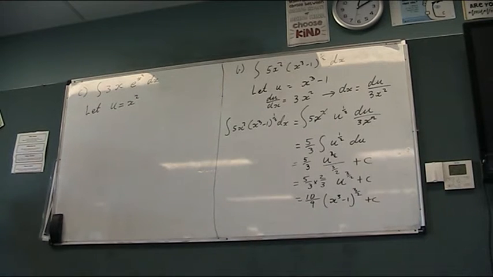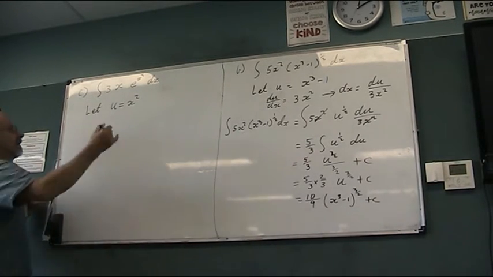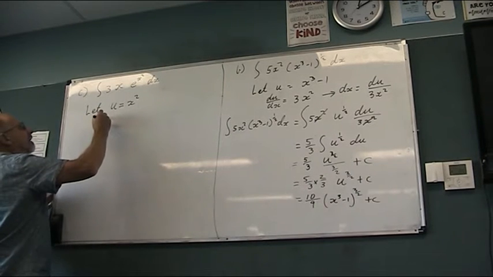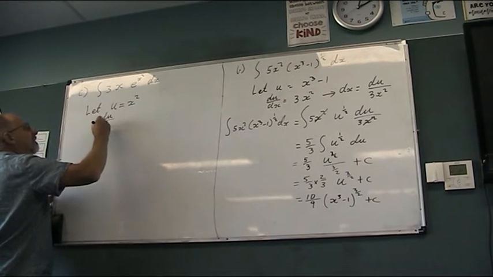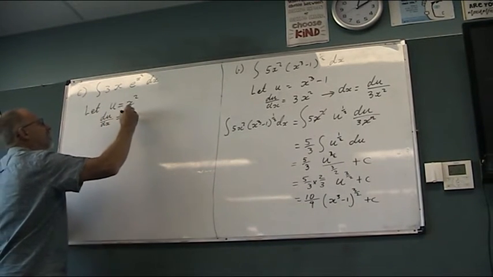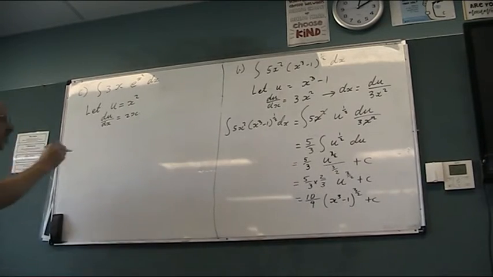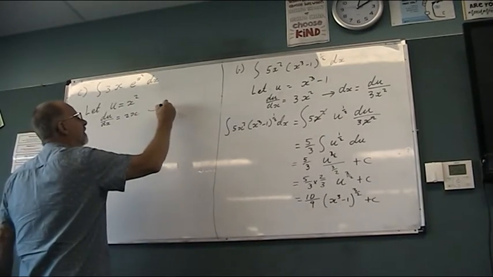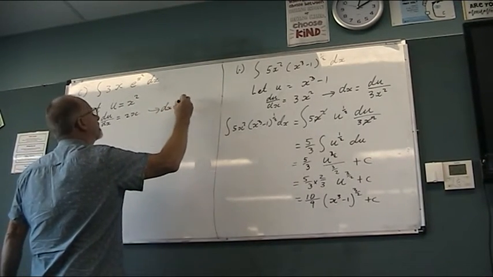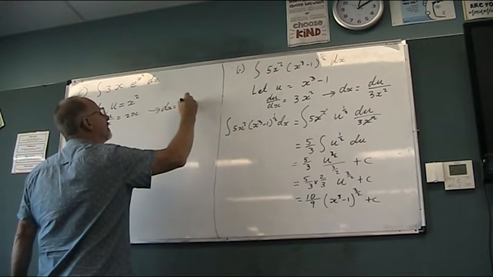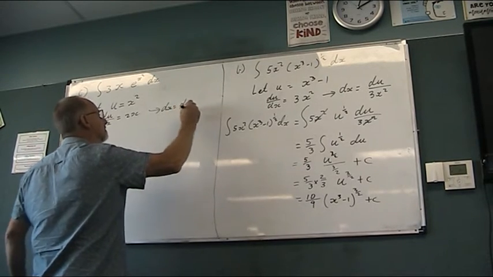It's going to be e to the u, and that's easy to anti-differentiate. du dx would be 2x, which then when we rearrange, dx is du on 2x.